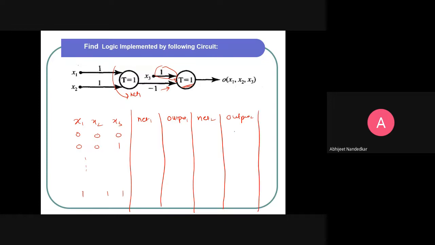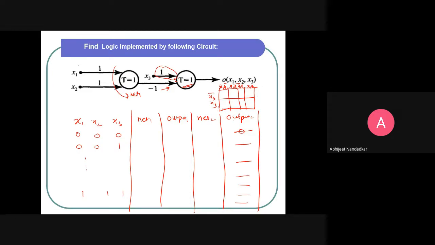Okay, so you find out the output for all 8 possible inputs, and then use your K-map technique to find out what is the logic here. Say you can say x1, x2 bar, and so on. So this will be x3 bar and x3.